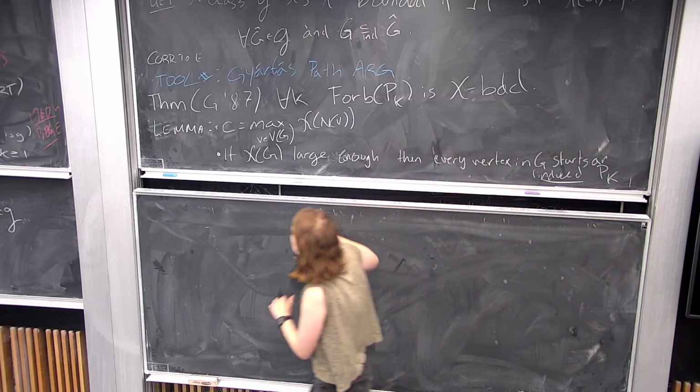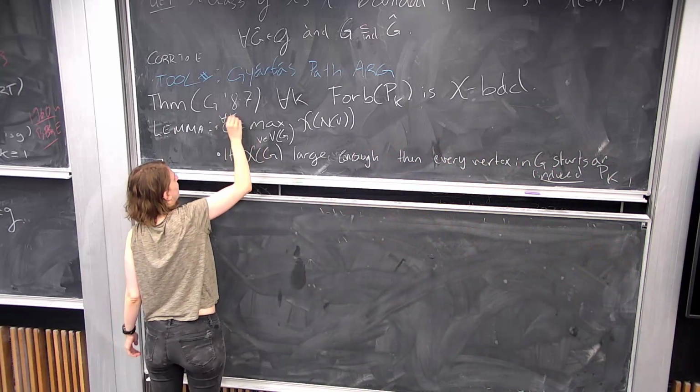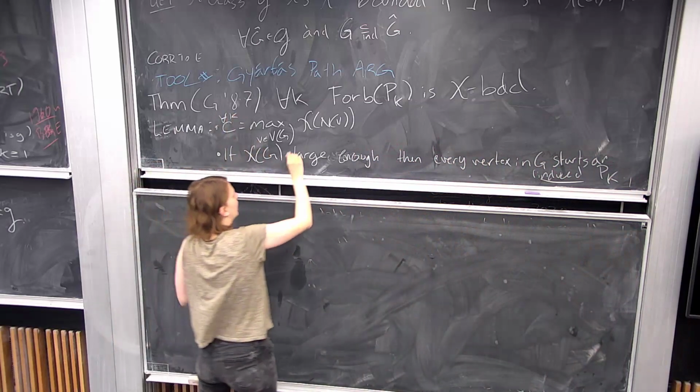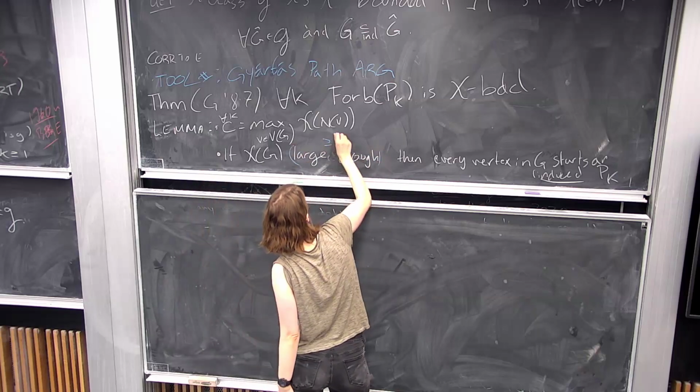And that's the theorem for all K. So large enough is as a function of C and K. Large enough means greater than or equal to F of C, K.